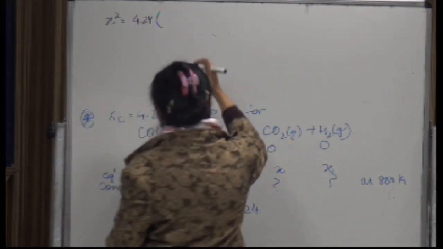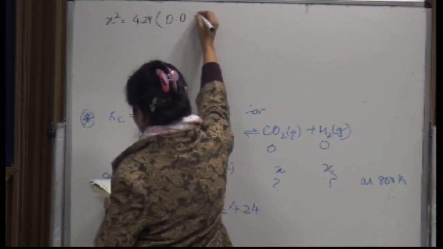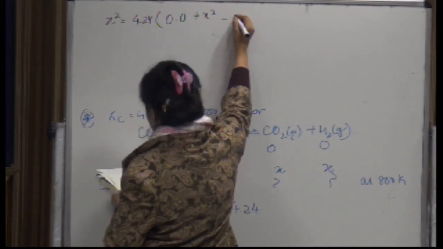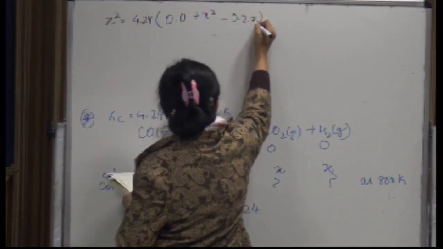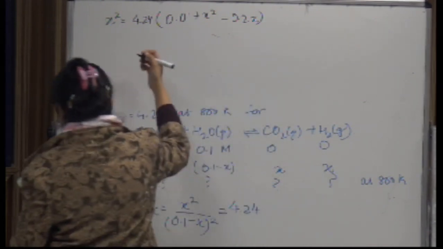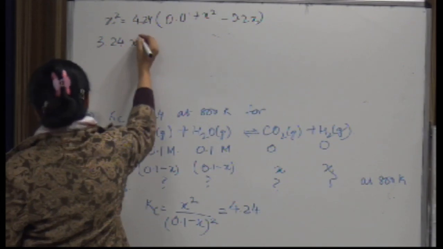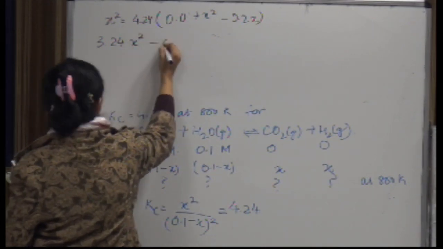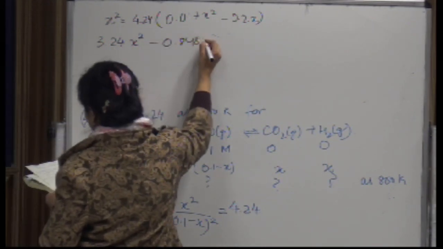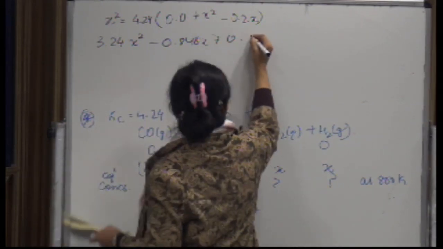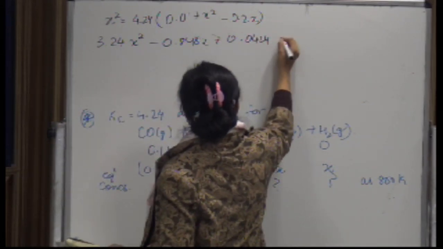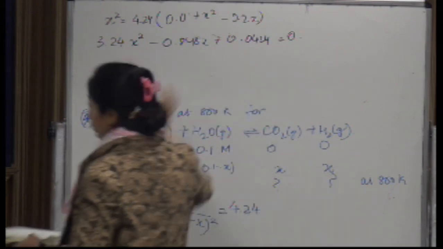So you just have to open it up, that will be 0.01 plus x square minus 0.2x. That you can check it for yourself, and remember you will then get a quadratic equation, that is minus 3.24 x square minus 0.848 x plus 0.0424 is equal to 0 is what is coming out to be.